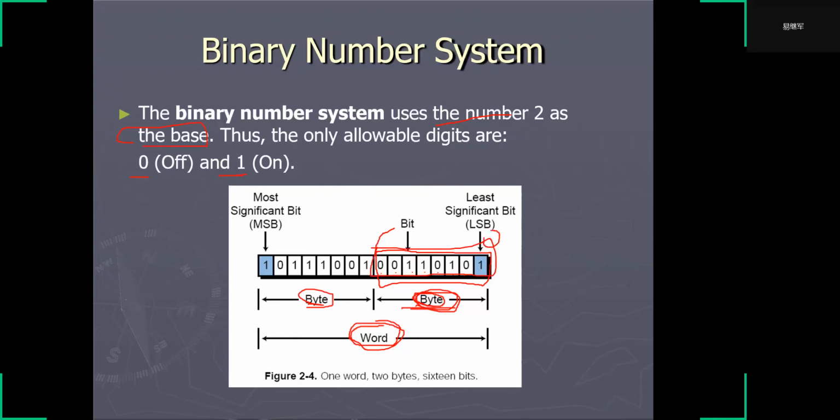One byte has 8 bits: point 0, point 1, 2, 3, 4, 5, 6, 7.